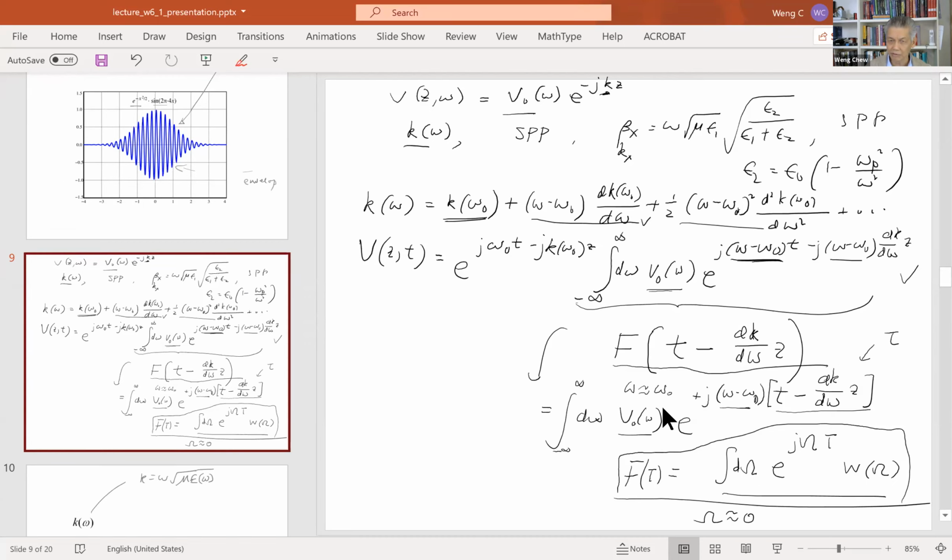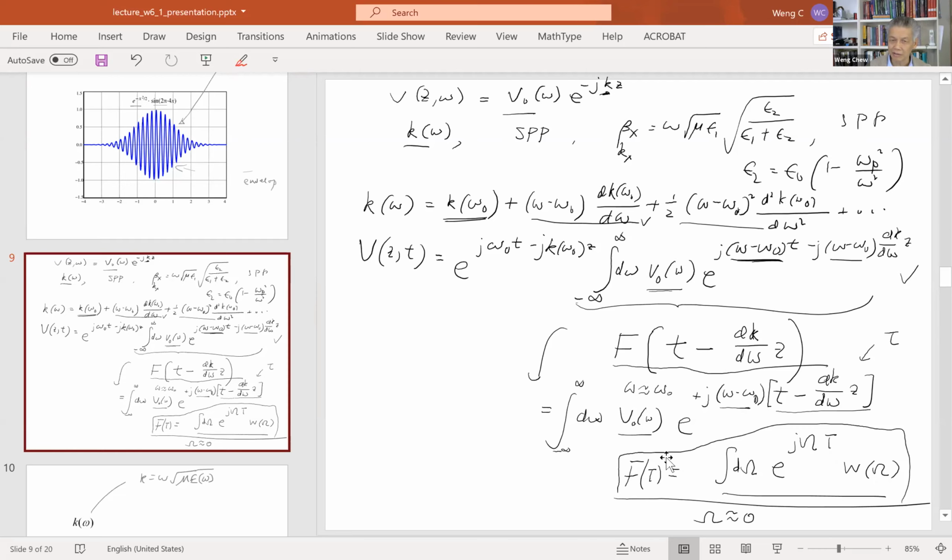And W, which is this function redefined, is only defined around capital Ω equal to 0. So this has to be a slowly varying function of tau. Can everybody see that? Slowly varying compared to ω, right?